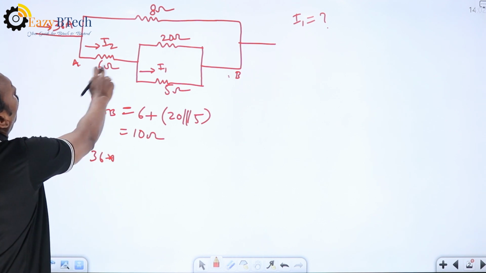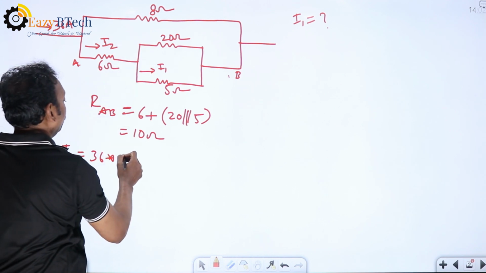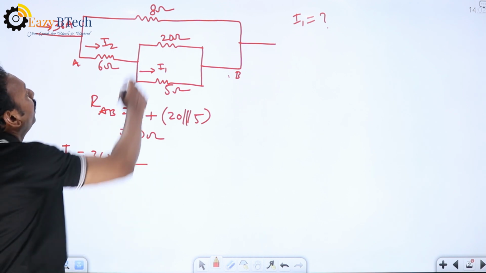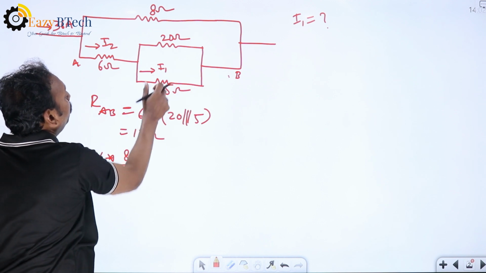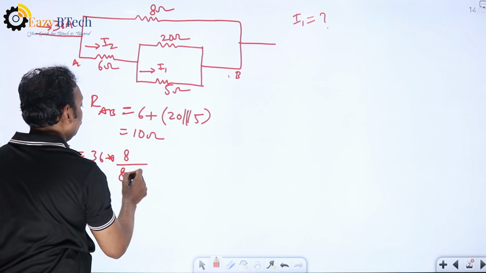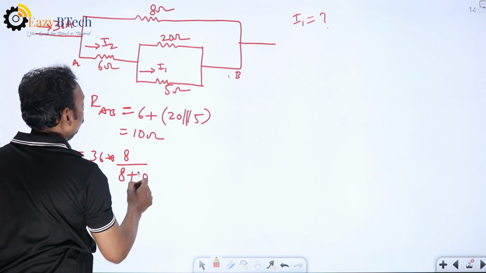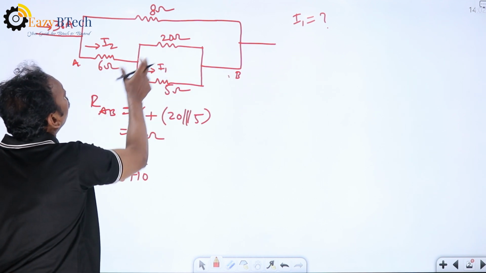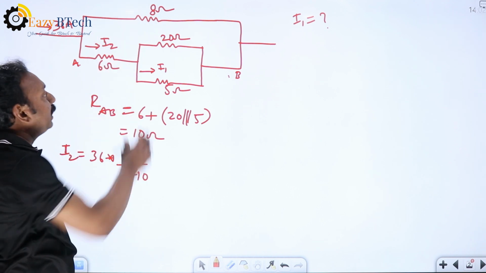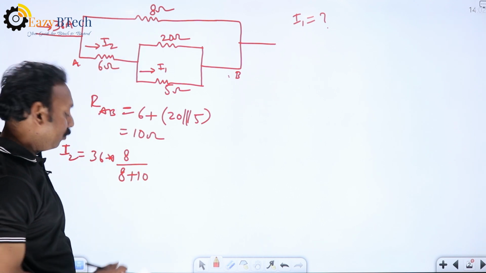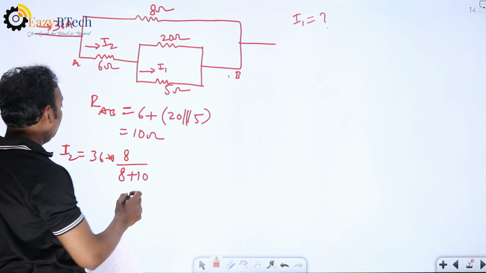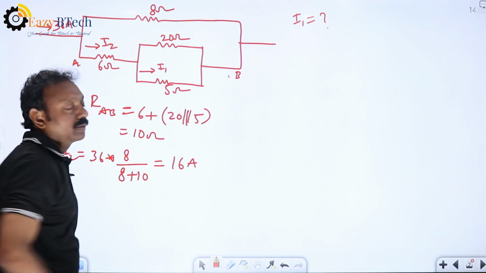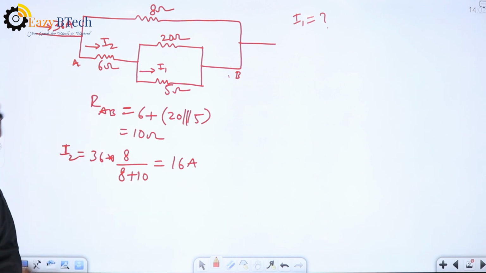For this one, the opposite resistance is 8 ohms, divided by the sum of the resistances, 8 plus 10 ohms, because 10 ohms and 8 ohms are parallel, and 10 is the opposite resistance. Now, what is the I2 value? Approximately you will get 16 ampere. I2 is 16 ampere.